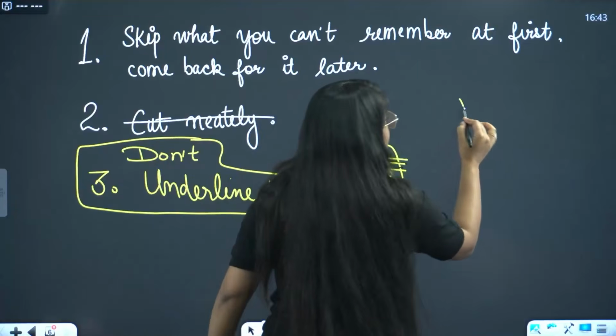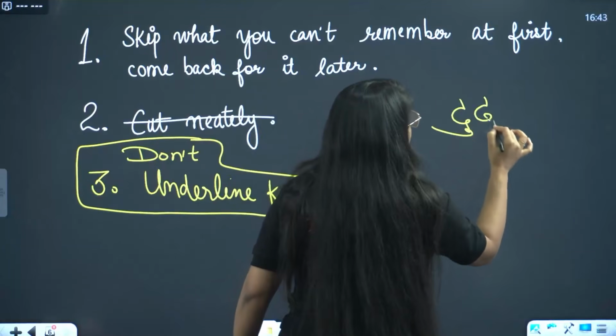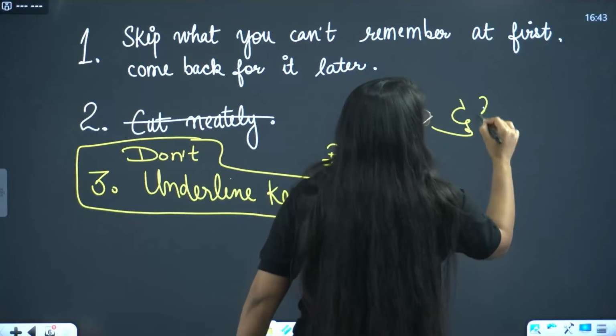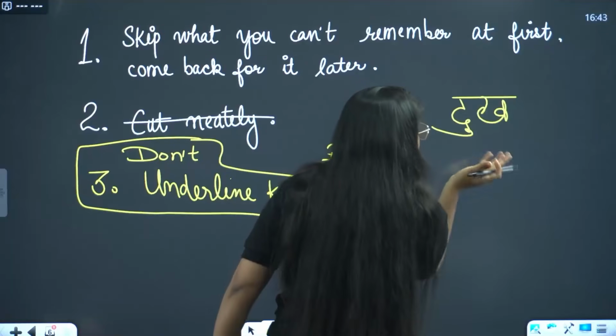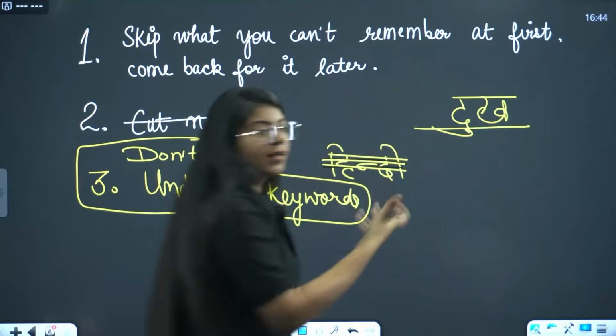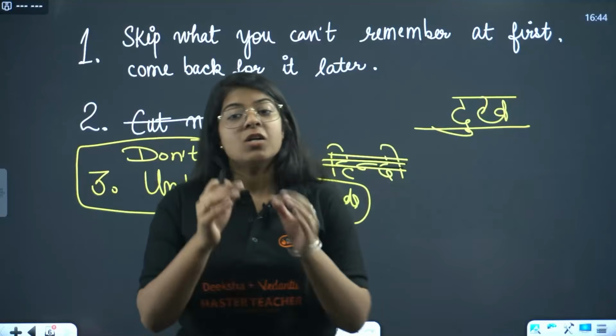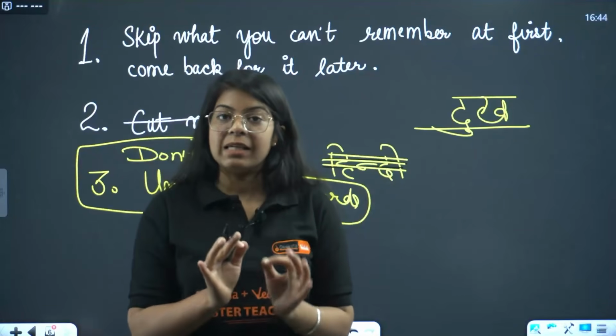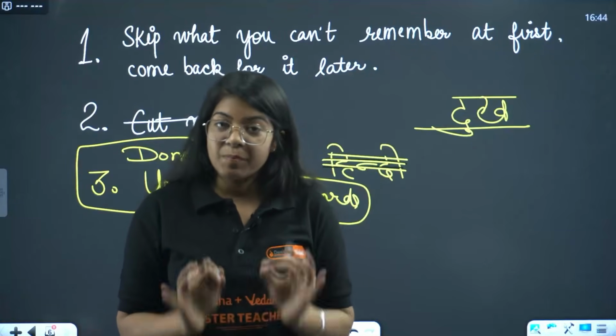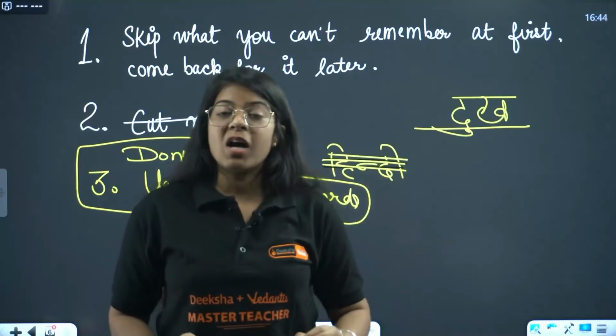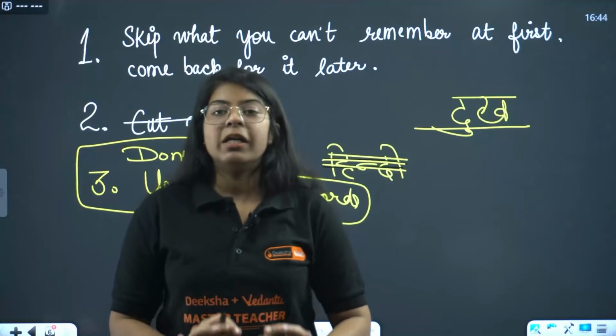When you are writing something like dukh, it already has a matra that is under the line. So if you underline it, it goes away, it hinders the actual appearance of the word. So do not underline the keywords in Hindi. That is the main point. In other subjects, we do ask you to underline, but in Hindi, we don't.